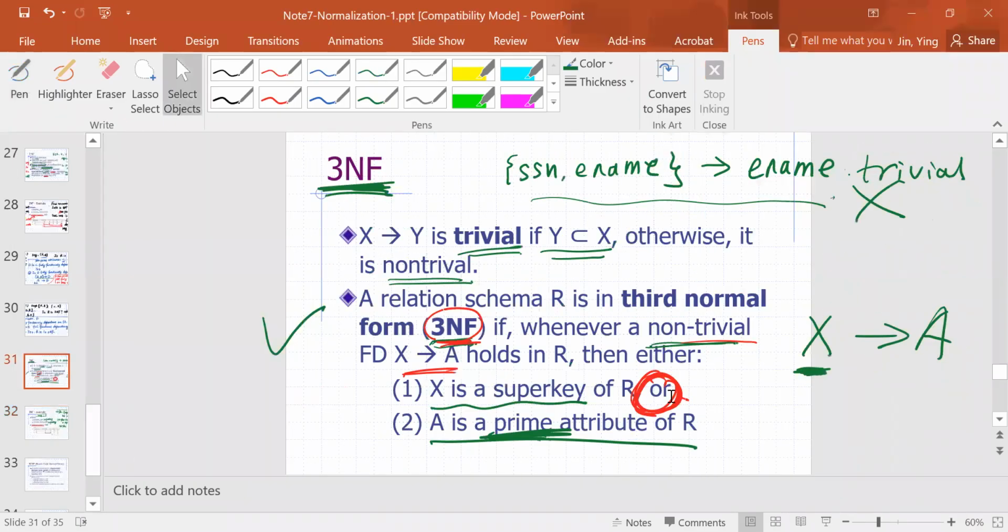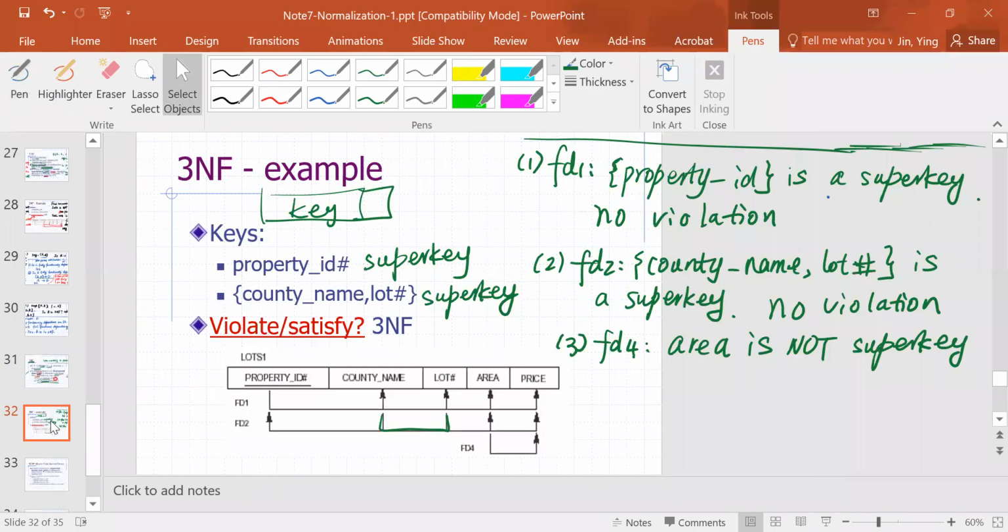So in this case, I have to check the second condition, right? We want to see price. Is price a prime attribute or not?